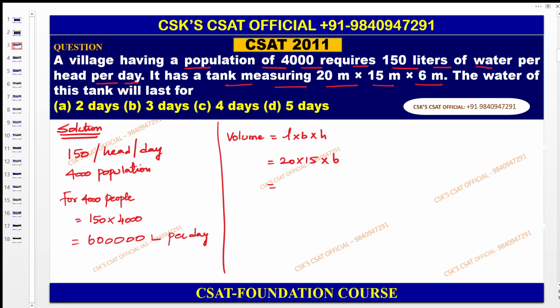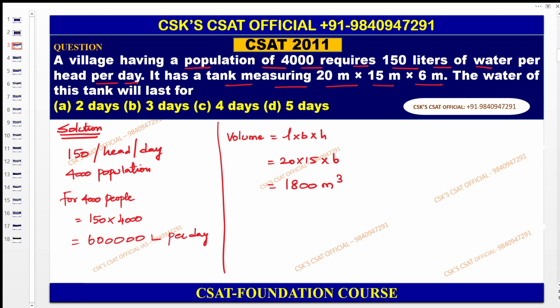So what is the answer of this one? 1800 meter cube. Volume, right? Volume means it is in the cube, therefore meter cube. Unit also plays a very vital role. Everybody must learn the units.